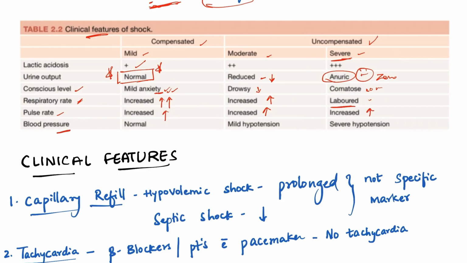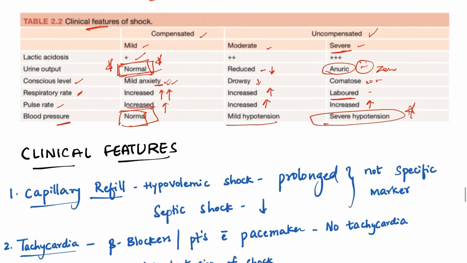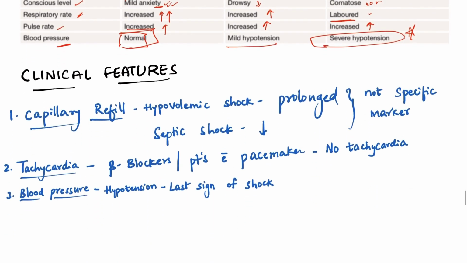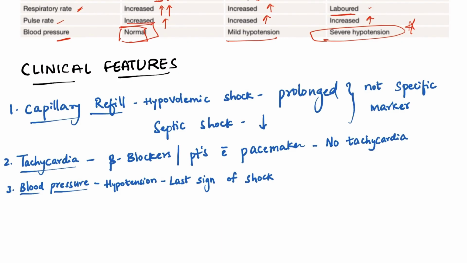In case of blood pressure, there can be normal. Blood pressure can be normal, and in initial phases there will be normal urine output. Mild hypotension, severe hypotension, this is the last thing to occur. So don't assume that only if BP is low will we consider it as shock. No, blood pressure can be normal in case of shock.